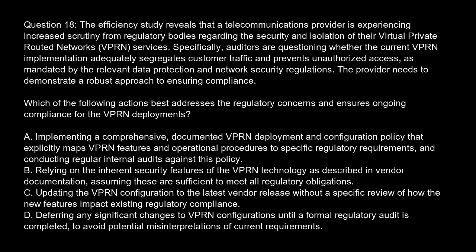Option C. Updating the VPRN configuration to the latest vendor release without a specific review of how the new features impact existing regulatory compliance. Option D. Deferring any significant changes to VPRN configurations until a formal regulatory audit is completed, to avoid potential misinterpretations of current requirements.